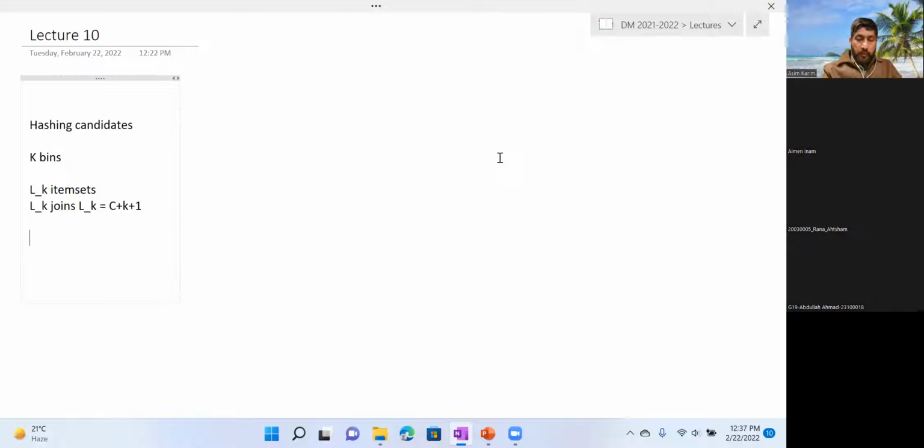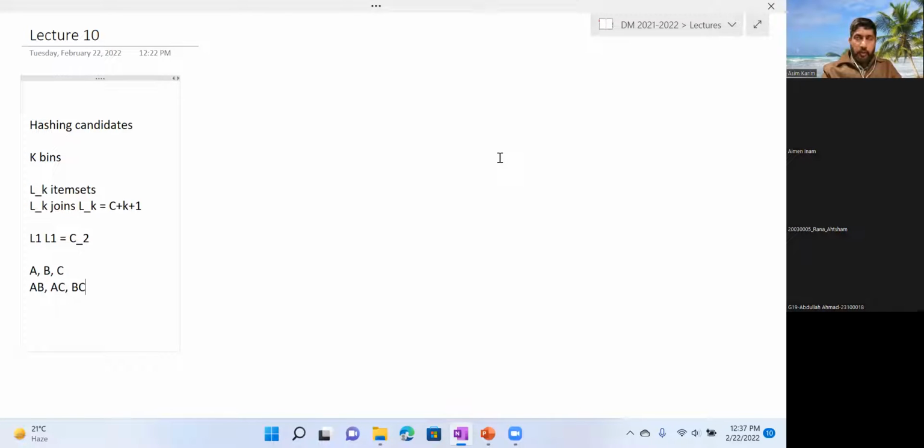Let's take the example of L1 joining L1 to create C2. We have single items, let's say A, B, and C. From these A, B, C, you can get AB, for example, you can get AC, and you can get BC.